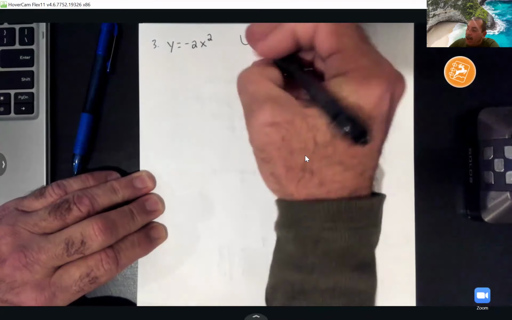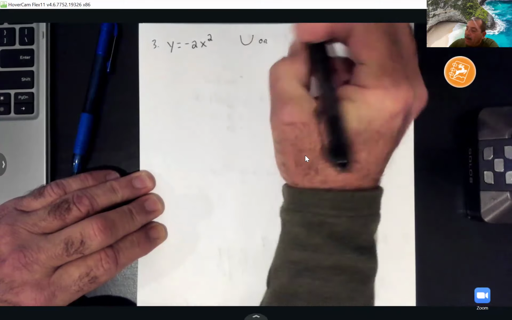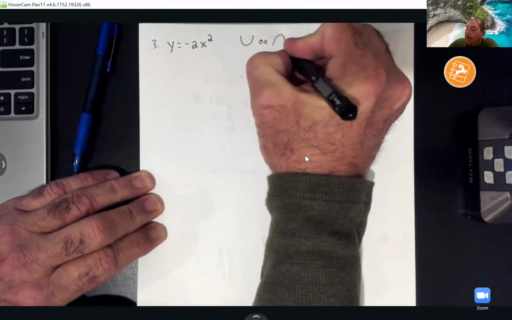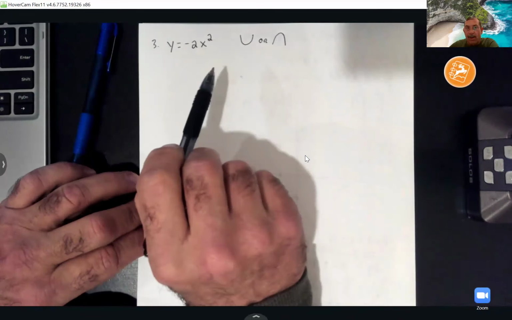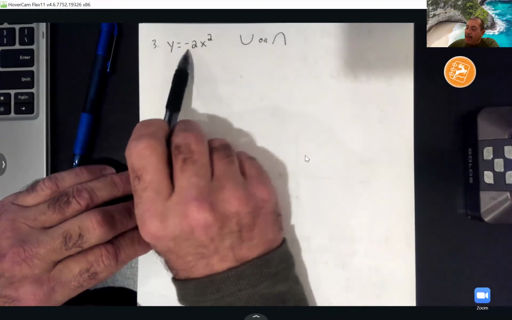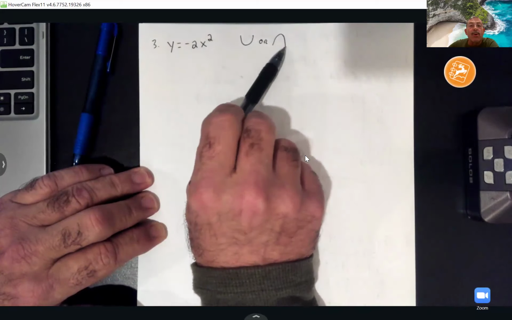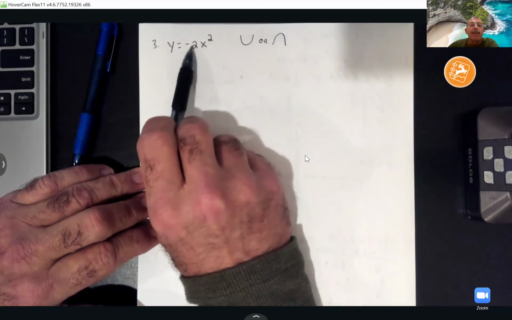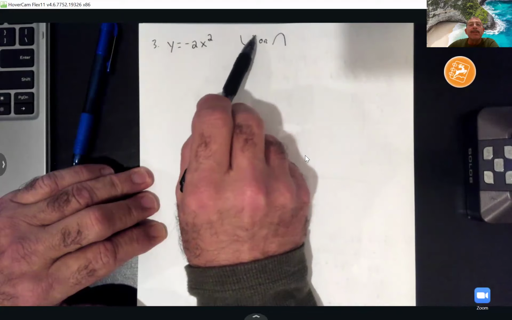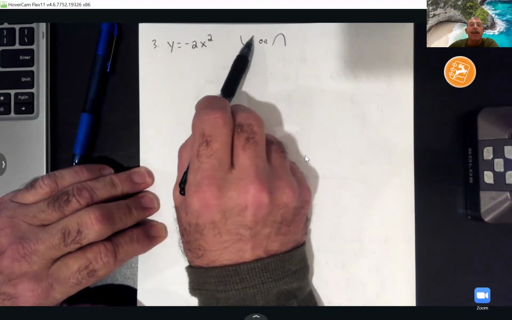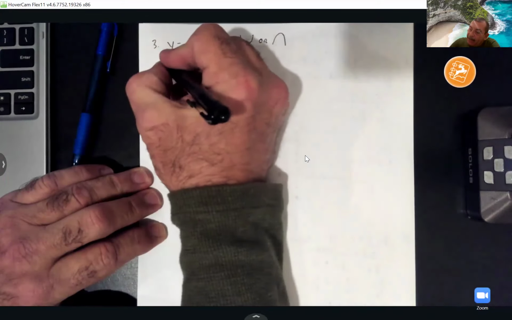It can open up or they can open downward. So usually if it's negative in the front like this, it's going to open downward. If this would have been a positive 2, they sort of open upward, okay?